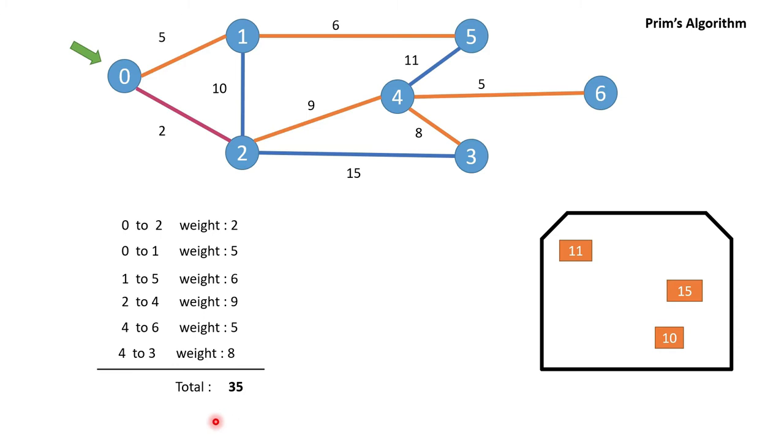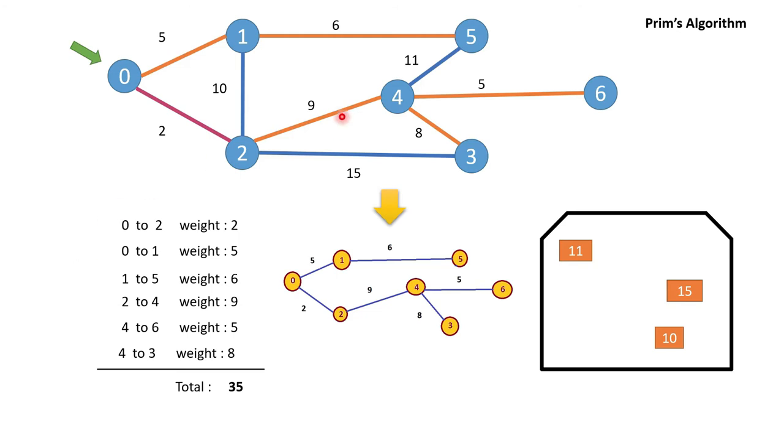So the total weight, if I calculate, is 35. Using this total weight of 35, I have connected each and every node, and this is the minimum one. If you take any other path, it will not be less than 35. Okay.